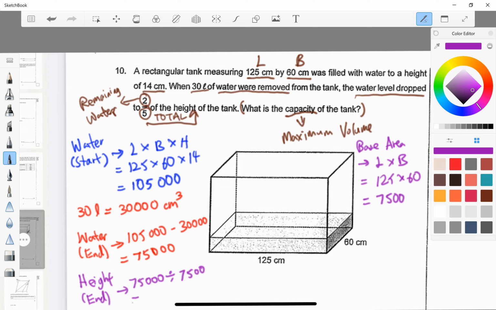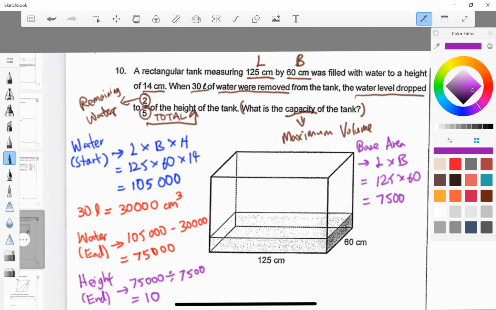And interestingly, it leads me to the answer 10. 75,000 divided by 7,500, I will have 10 as my answer.